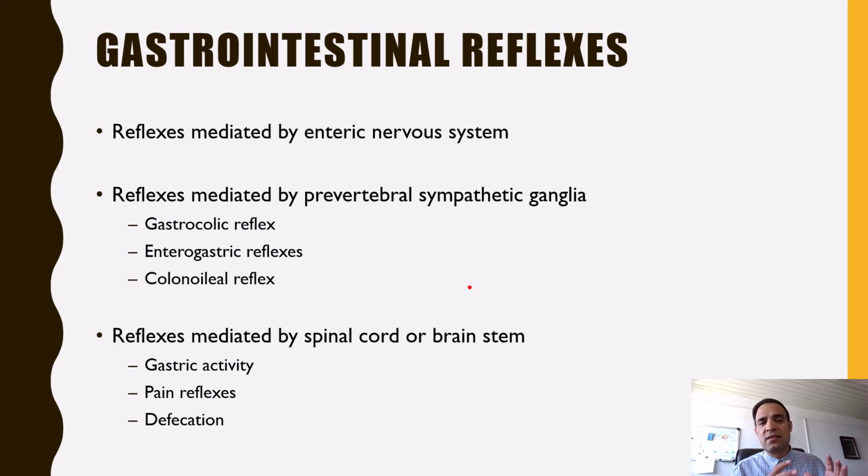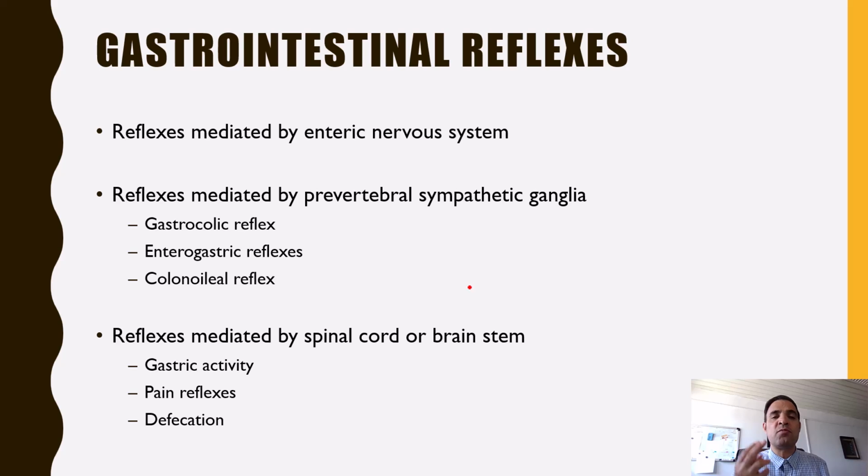Some reflexes in the GI system are not possible just by the enteric nervous system, because the enteric nervous system from one part is not connected to another part. Therefore, they need the central nervous system and, for example, paravertebral sympathetic ganglia. These are reflexes that connect two parts of the GI system that are away from each other.